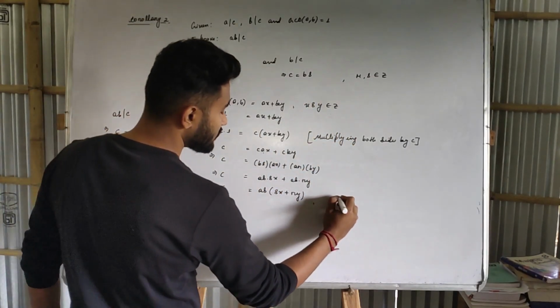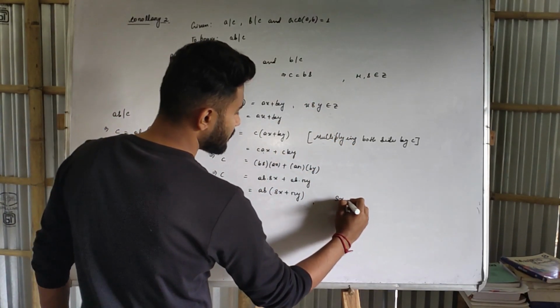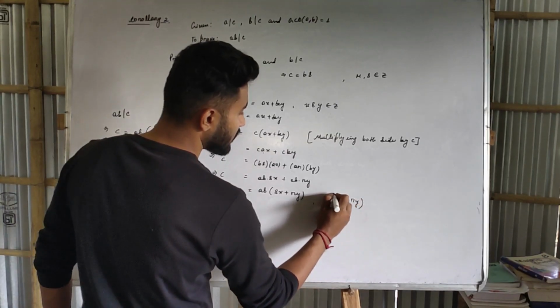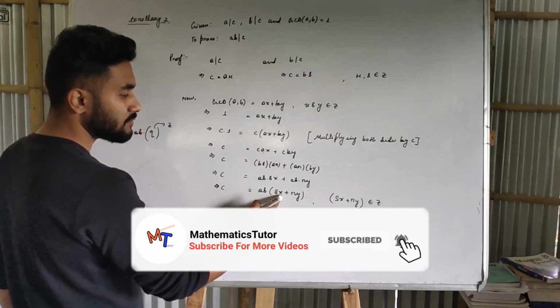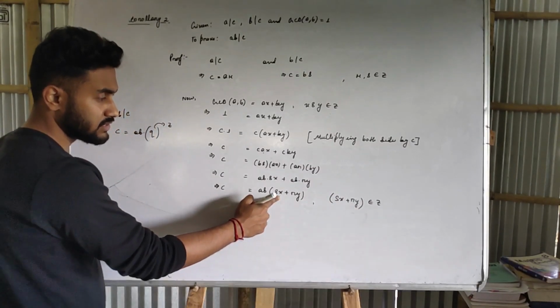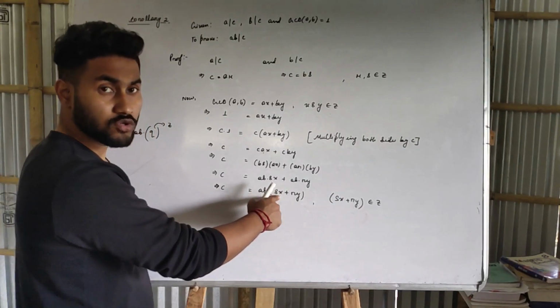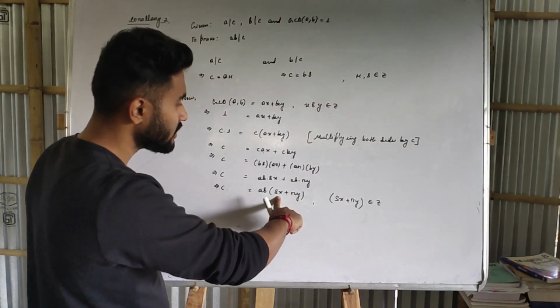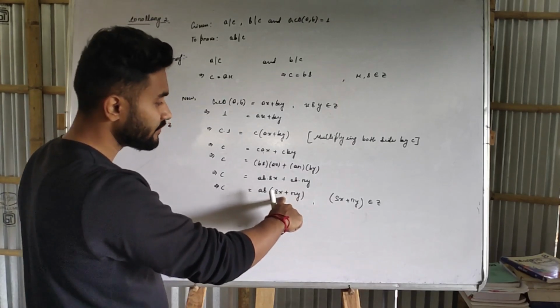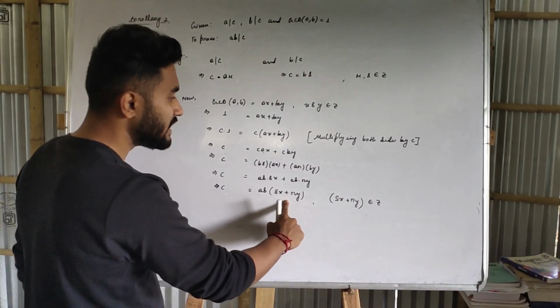I will write that SX plus RY belongs to Z, because S is an integer, X is an integer, so multiplication is an integer. It is closure property: integers are closed under multiplication. Similarly, integers are again closed under addition, so it will be an integer.